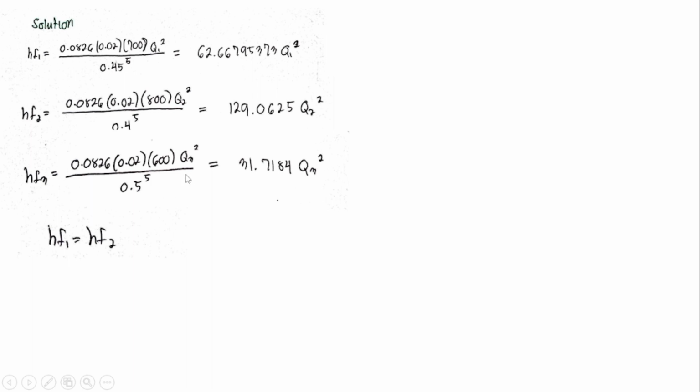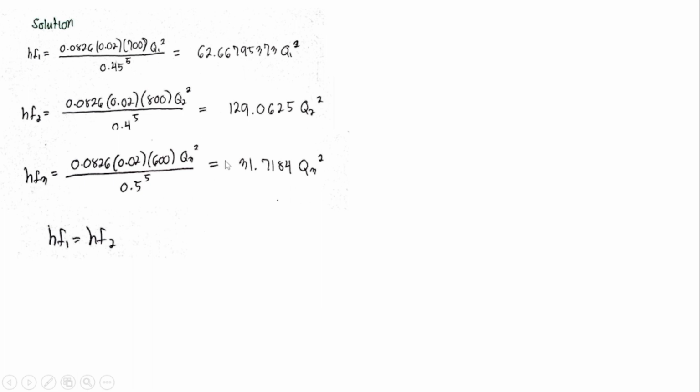The major head loss in pipe 2 in terms of Q2 is equal to 0.0826 times 0.02 times 800 Q2 squared all over 0.4 raised to 5, which is equal to 129.06 Q2 squared. So the major head loss in pipe 3 in terms of Q3 is equal to 31.718 Q3 squared.